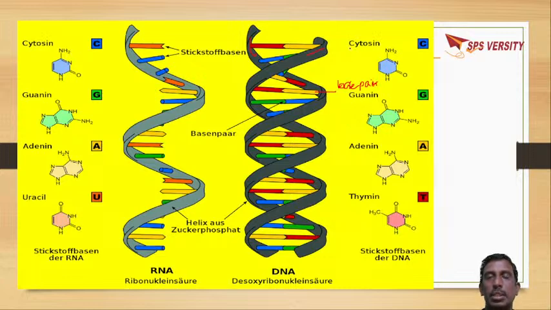The nitrogen bases are cytosine, guanine, adenine, thymine. The distance of one pitch is 3.4 nanometers, and the distance between one base pair and another base pair is 0.34 nanometers.